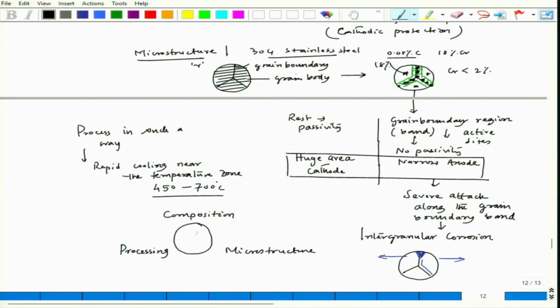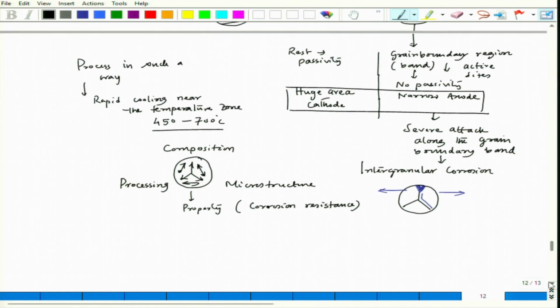These are internally connected, and depending on the processing, composition and microstructure, finally it leads to some property, which, if we consider only on the basis of corrosion, is a high degree of corrosion resistance.